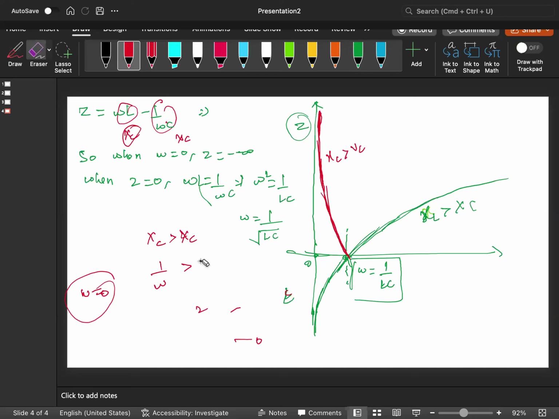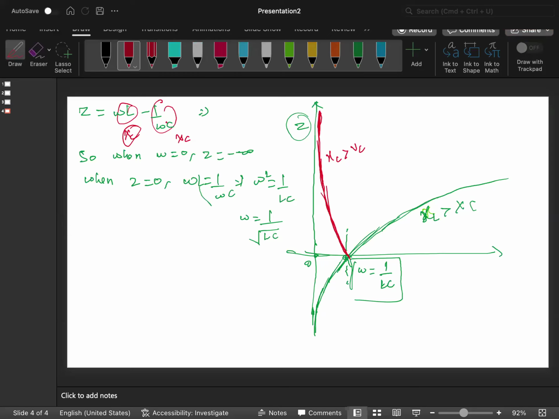Let's remove it. Above are the cases for when X is greater. Acha, what will be the after behavior? What do you think, will the after behavior be similar or different?